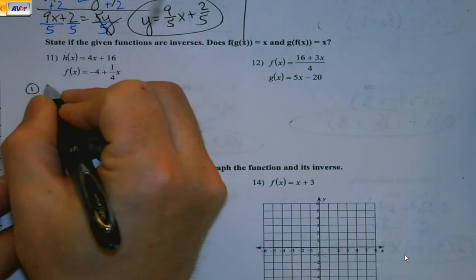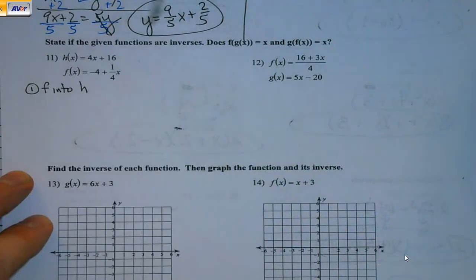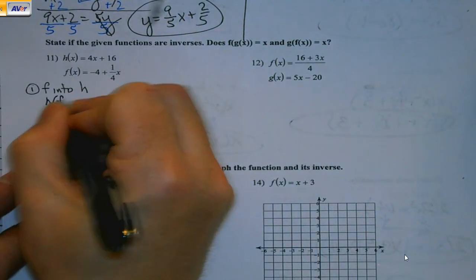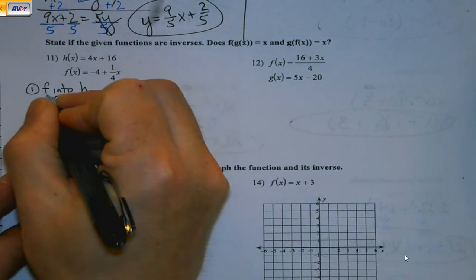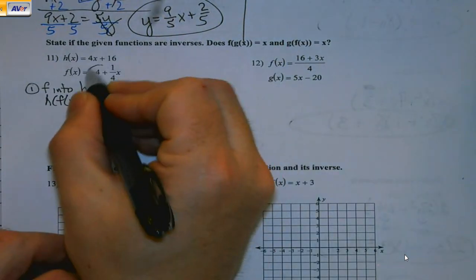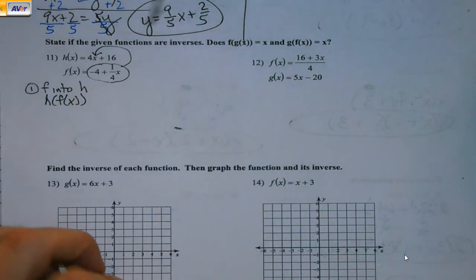I'm going to take my second one, so I'm going to plug f into h. So this is what I'm actually doing. I'm doing h of f of x. That's what that means. So what I'm saying is I'm going to take this and I'm going to plug it into where the x is.